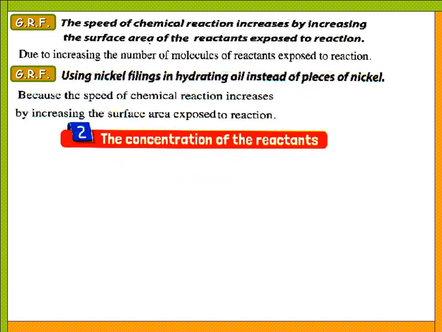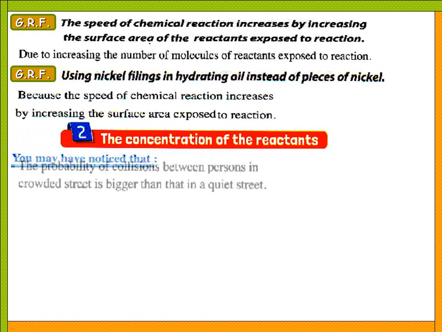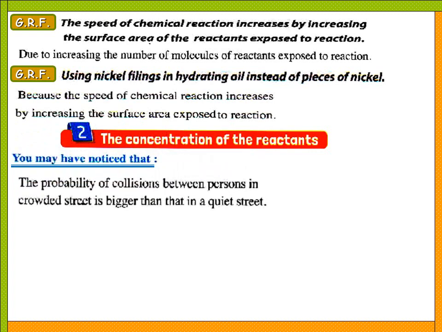Okay, we have the other factor, number two, concentration of reactant. What do we mean by concentration of reactant? Concentration means the probability of presence of a large amount of molecules. A large amount of molecules means a crowded place, so it makes the substances collide, like the probability of collisions between persons in crowded streets is bigger than in a quiet street.